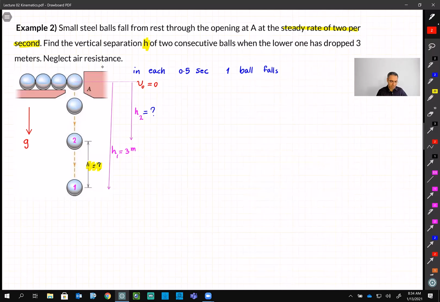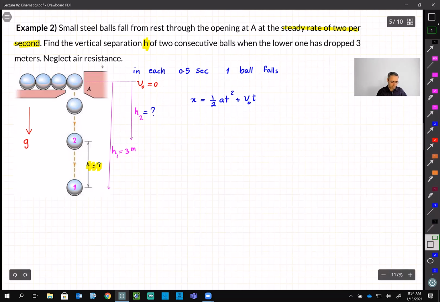Because it's a constant acceleration, we use the formula we just learned: x equals half of a t squared plus v0 t. We have the reference and everything, so this is basically our main formula. We show it by x, but of course x can be replaced by anything.